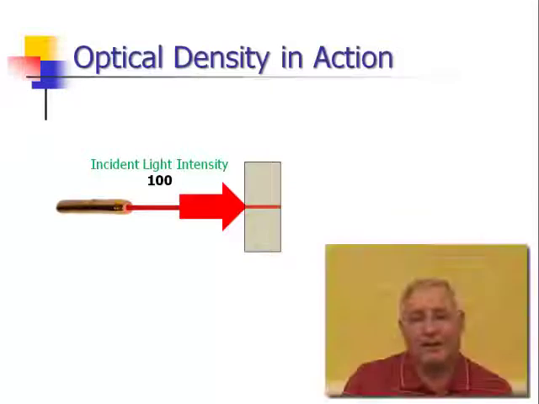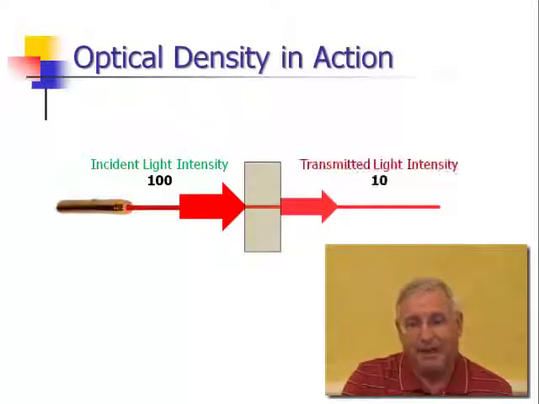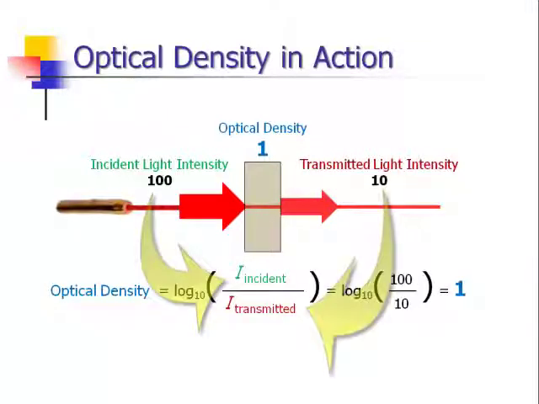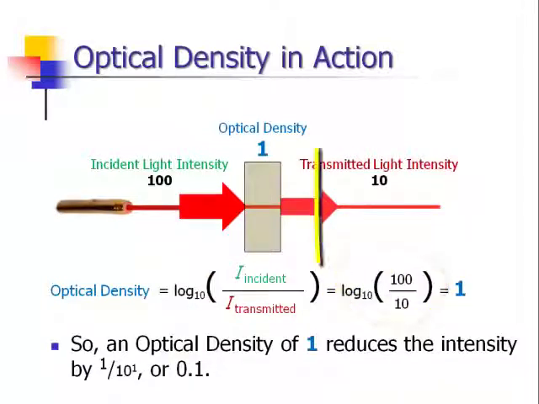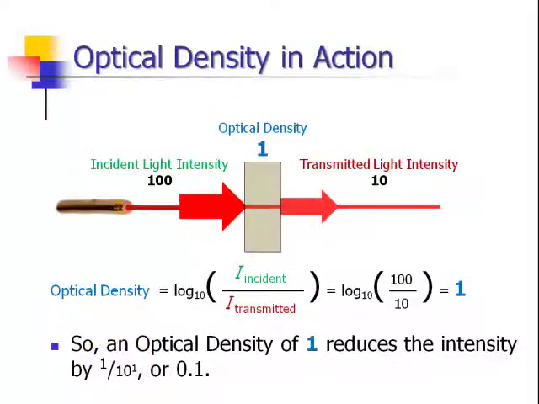If we look at it as a logarithmic function then, if we have an intensity of 100 coming into a specimen and we have a transmitted light intensity of 10 coming out, then if we take the log of that, log of 100 to 10, we end up with 1. So an optical density of 1 means that you have a tenth of the light being transmitted through a material.